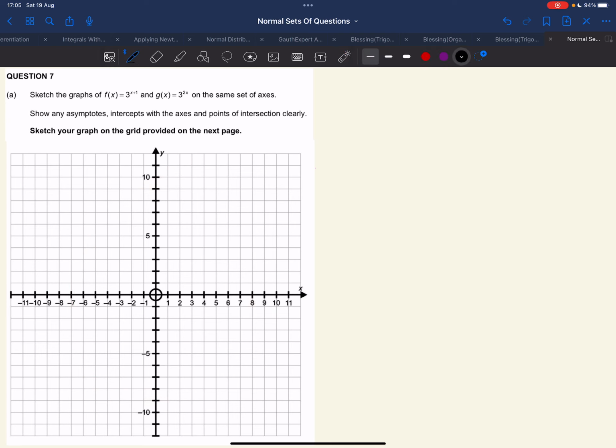Now, looking at these given functions, f of x and g of x, can you see that they are both exponential functions?